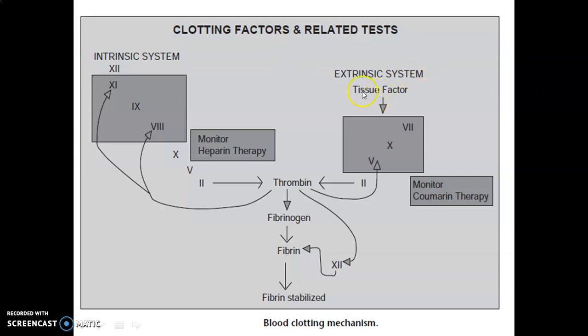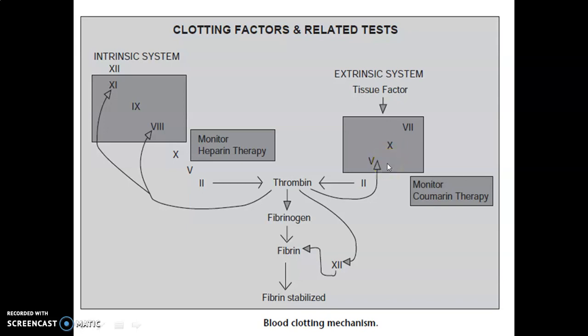This tissue factor causes conversion of factor number 7 to activated factor 7A in the presence of calcium ion, and factor 7A causes conversion of factor number 10 to activated factor number 10A, which combines with factor 5 in the presence of calcium ion and forms prothrombin activator.